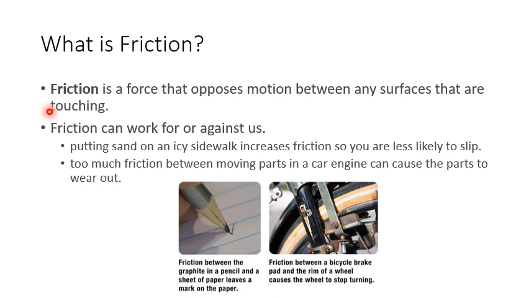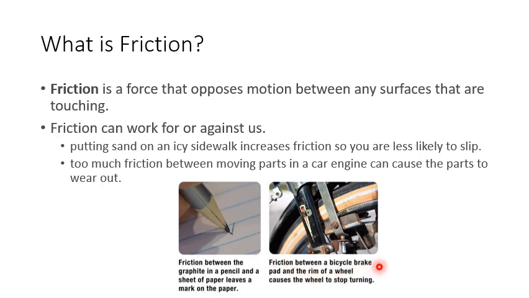Now, friction can be helpful and work for us, or it could be not helpful. In the case of the pictures below, you'll see that these are both helpful frictions. The friction between the paper and the graphite in your pencil, or even the ink in your pen as you're writing right now, leaves marks on the paper so you can read and see what's going on.